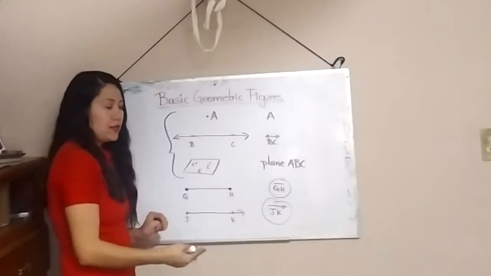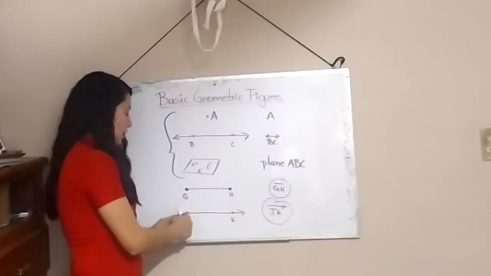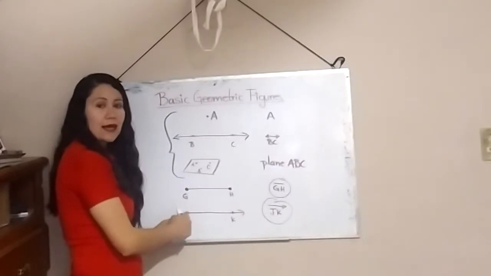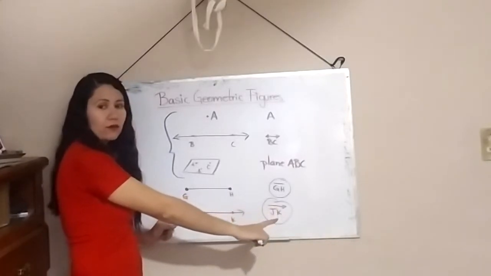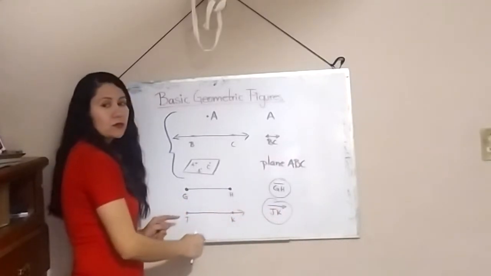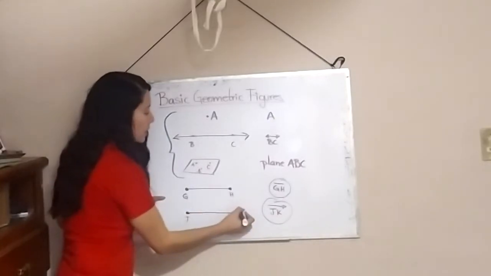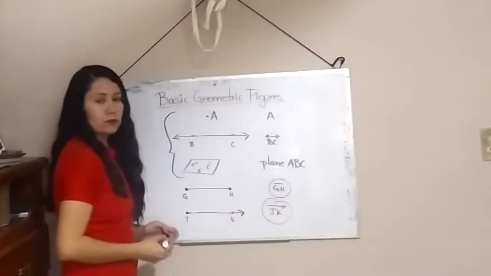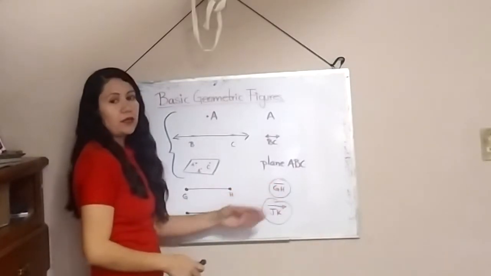Now, the ray is a part of a line that starts in one point. It has a beginning, but it has no end. It goes on forever. Okay? That's why it has a point in the beginning, but an arrow. And they are represented this way.